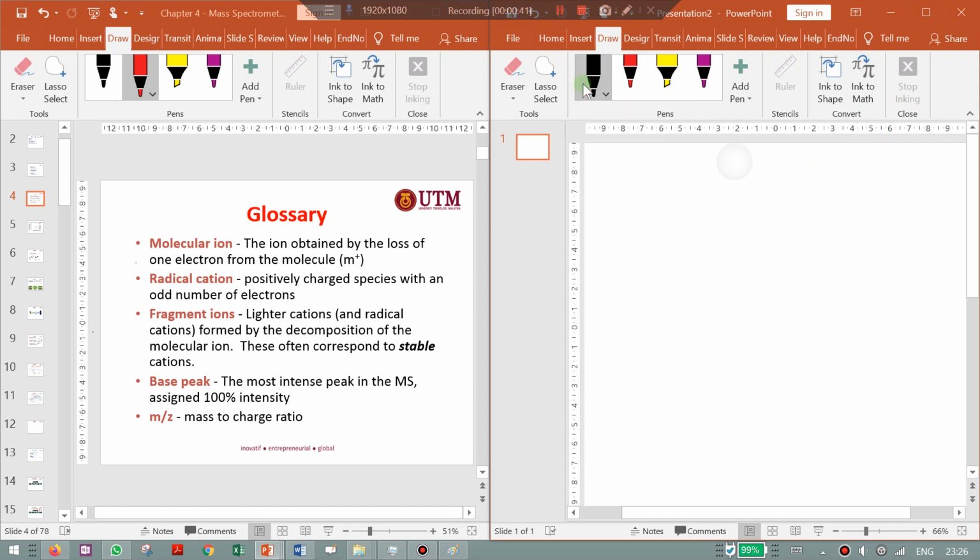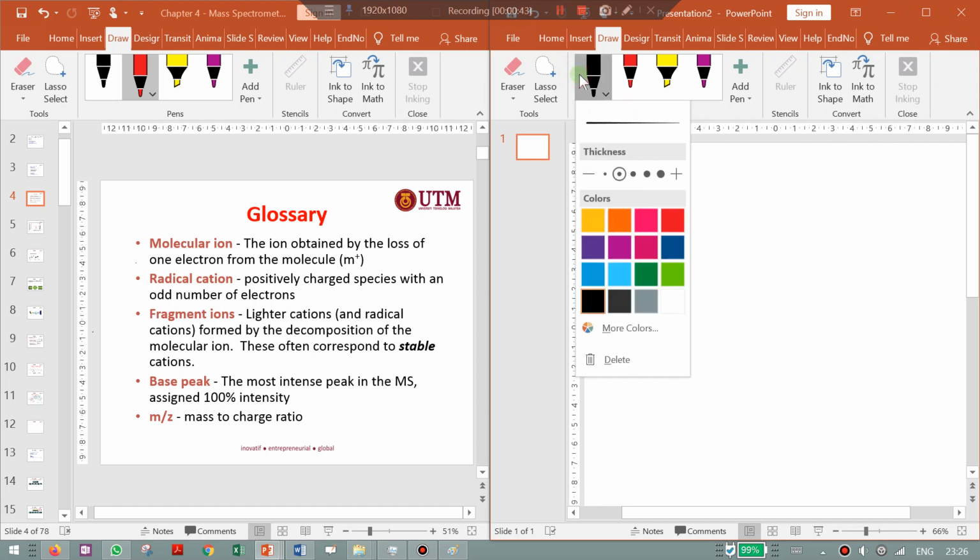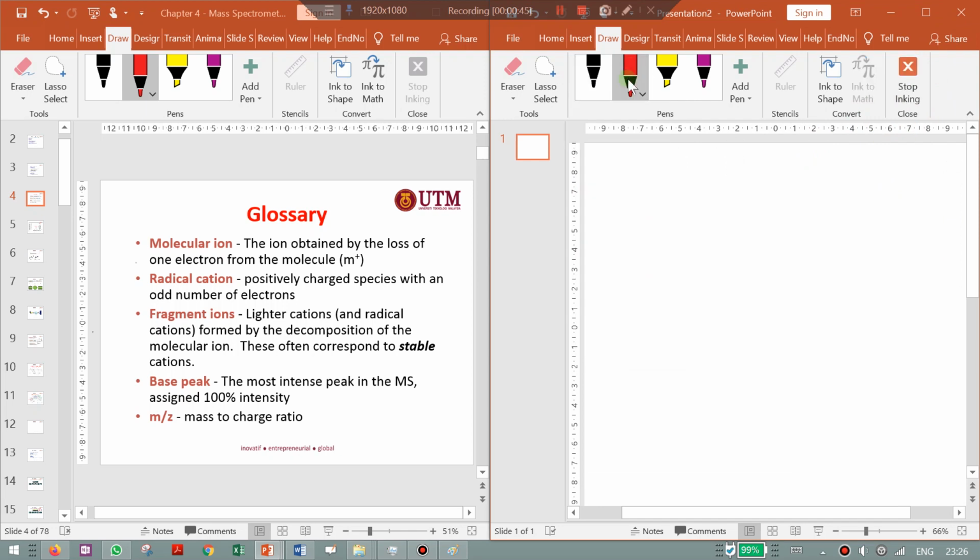In the basic principle of mass spectrometry, we have one molecule, whatever molecule you want to analyze, and we bombard it with electrons during the ionization process. So what happens is your molecule will lose one electron.